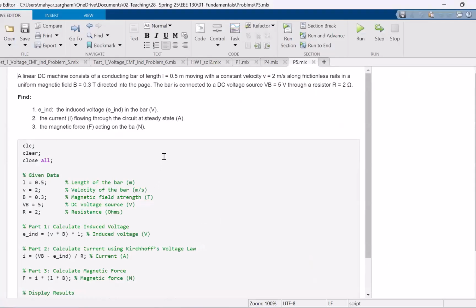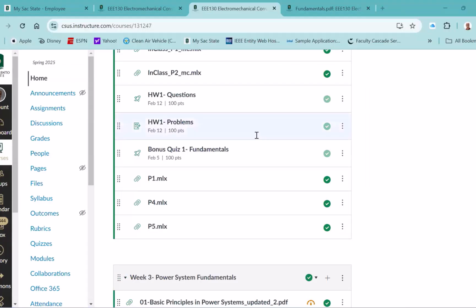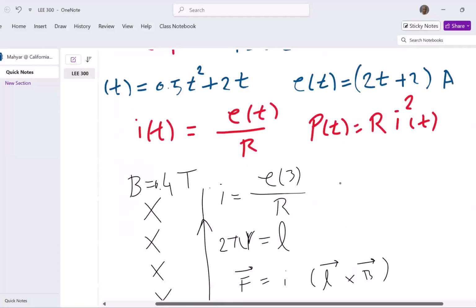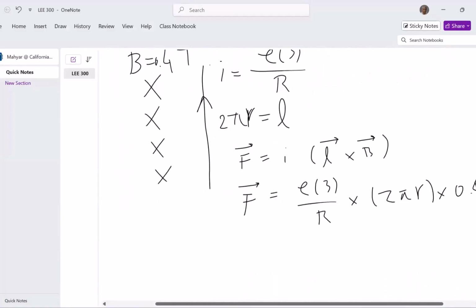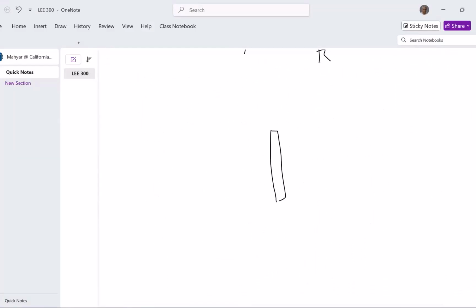So in this problem, we have a linear DC machine, which consists of a conducting bar of length L, moving with a constant velocity along frictionless rails. So a linear DC machine could be as simple as a bar with a rail like that.